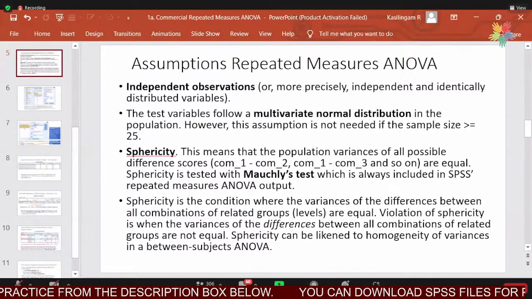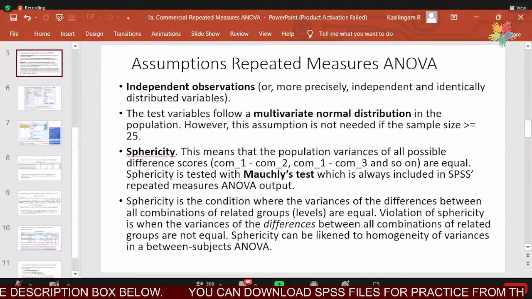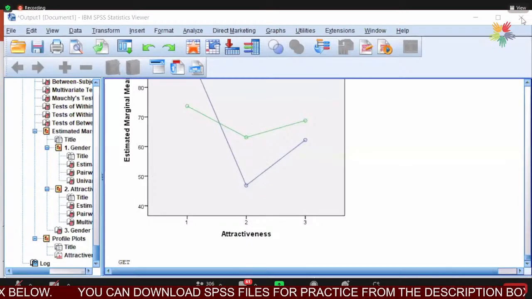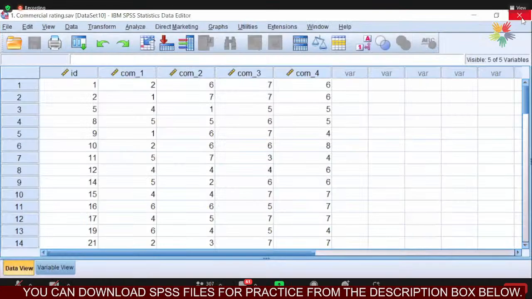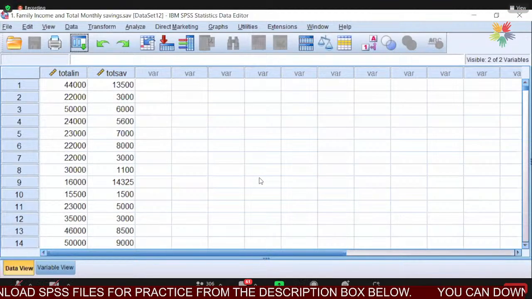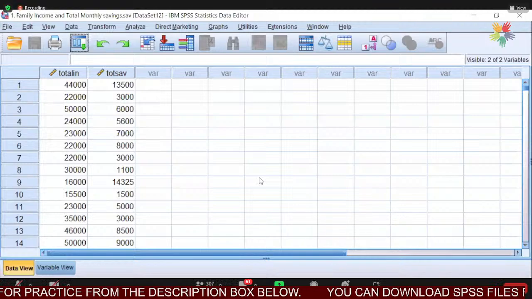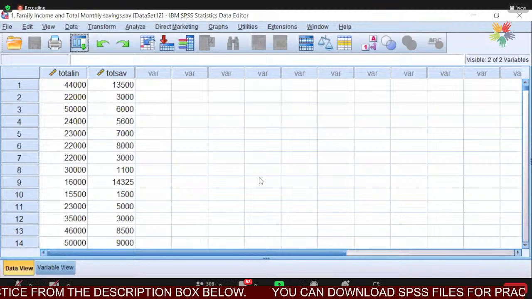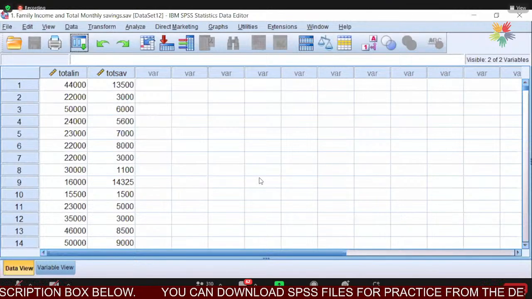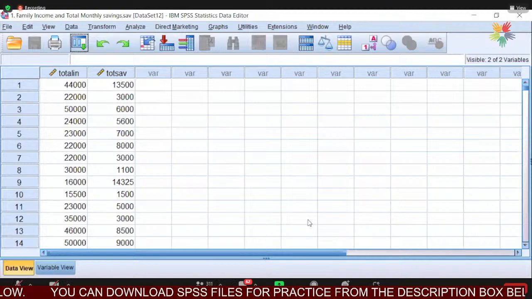We could see the PPT but not the SPSS data file, sir. Now the data view is visible, sir. That is what I want. So you got total income and total savings.